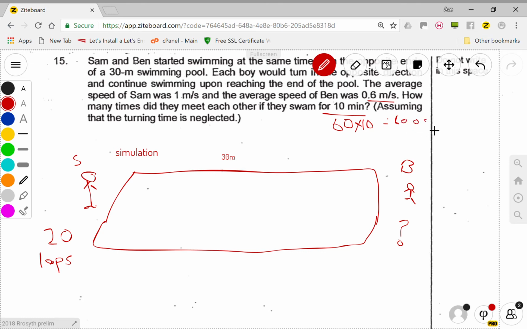Every 1 second, Ben will swim 0.6 meters. So Ben is going to swim for 600 seconds, and we just take 0.6 times 600.